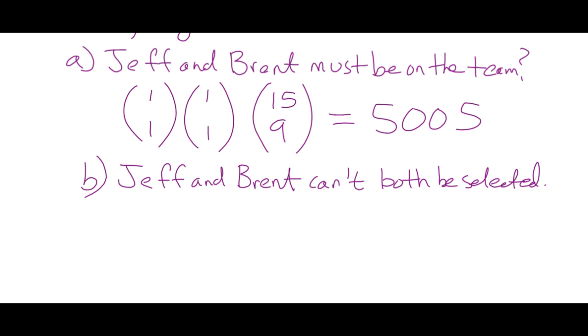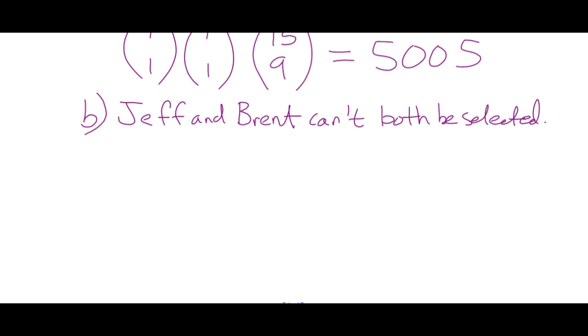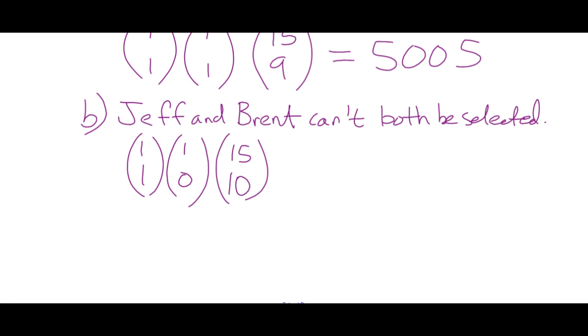So we've got the case where Jeff is selected and Brent isn't. So there is one Jeff and we are going to select him. There is one Brent and we are not going to select him. And there are how many players remaining? And how many of them do we need? So we've dealt with 2 here. That adds up to 17. This adds up to 11, so we need a 10 there, right?